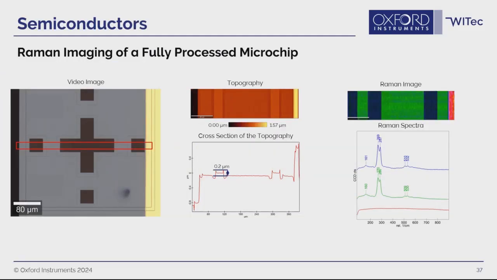Here we can see a video image of a gallium arsenide-based microchip. In this case, the main task was to determine the depth of the trenches. Therefore, TrueSurface was the ideal method to measure this. One can nicely observe how easy it was to measure the depth of the trenches.